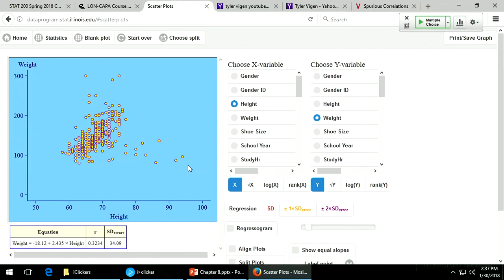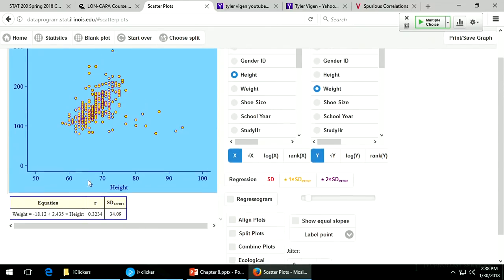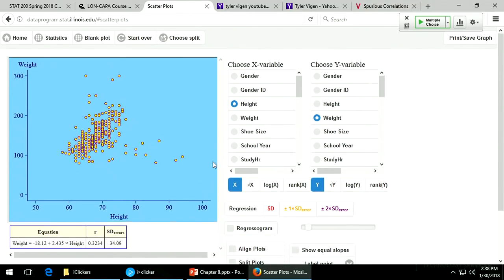I've never seen this before in any class I've taught, and I just want to address this. I doubt it's anybody here in class now, but this person is saying what? I think it's a girl because we can split. There's only a tiny correlation between height and weight. These people here, like for example this one, is saying 94 inches tall.